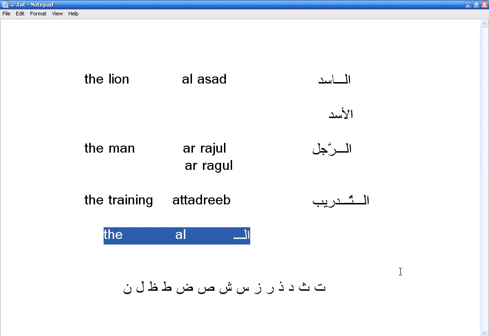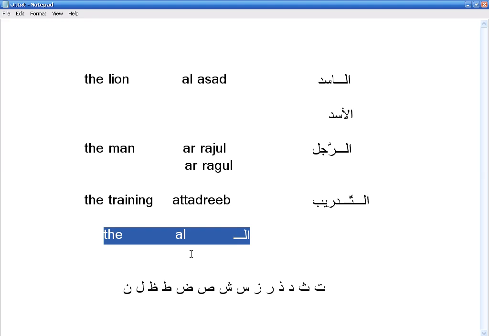If you want to speak about something in particular, you're going to put the before that noun, and it means al in Arabic, and it can be pronounced just like that. Got it? This is the first thing that I want you to know right now.